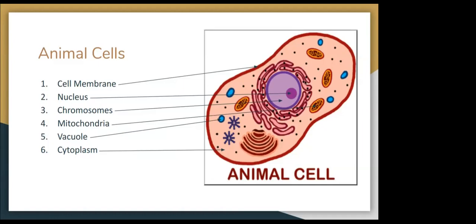Number 2, the nucleus, same sort of thing. It's purple here too. The brain of the cell. It tells the cell what it's supposed to do, if it needs to multiply, if it needs to make more energy, if it needs to get rid of more waste, whatever the cell needs, the nucleus tells it what to do.